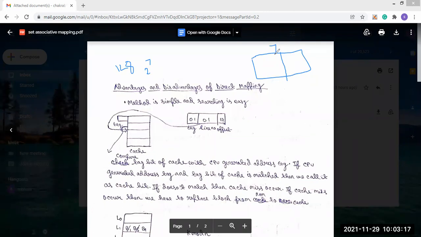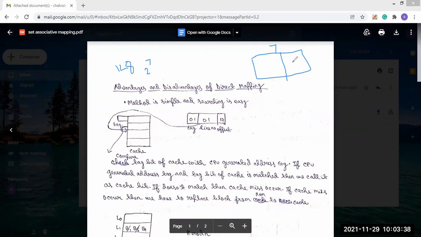Among these 7 bits, there will be the block offset, which depends on the size of the block. In our example, the block is capable of storing 4 words, which means 4 bytes.